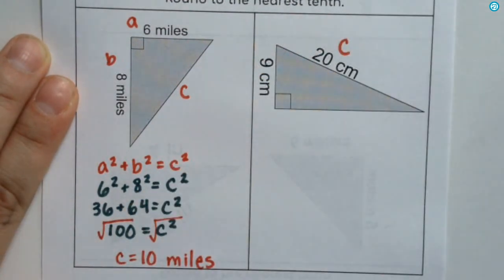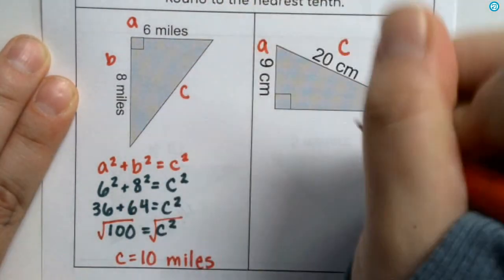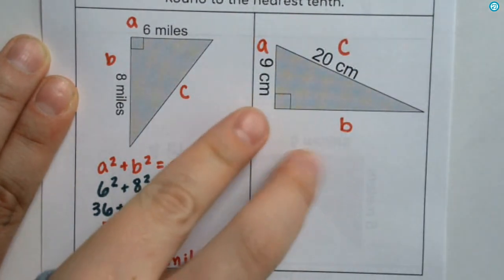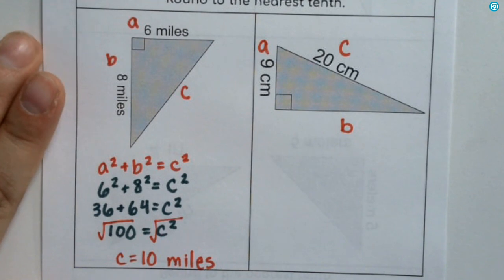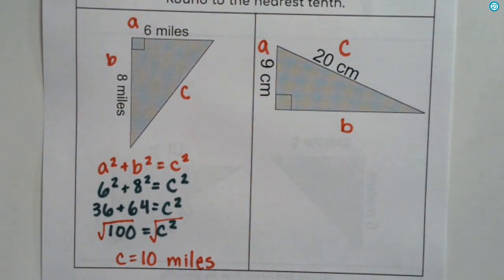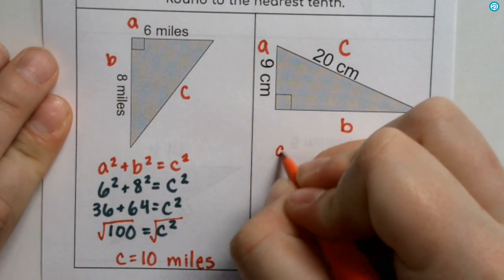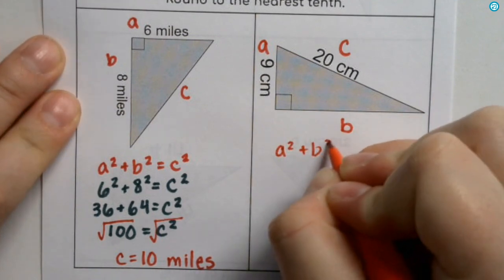So we'll label this one A and we'll label this one B, but we could flip-flop that as well. As long as you know which side you're solving for, the A and B on the legs are interchangeable.